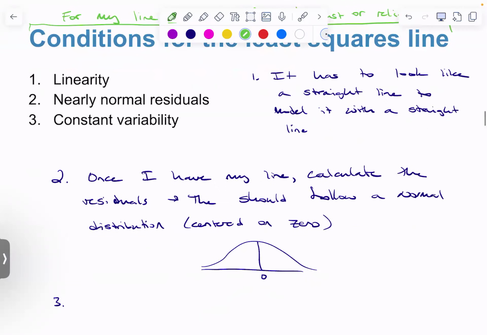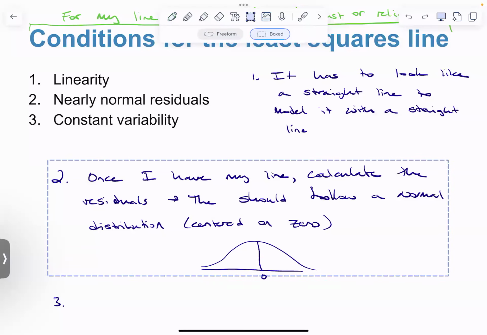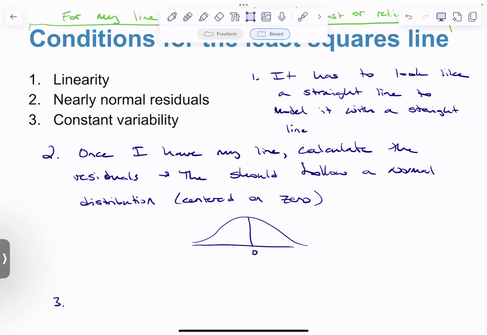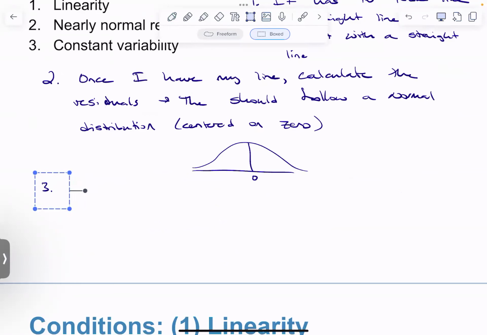And maybe I'll bump this up. Make some room for this.